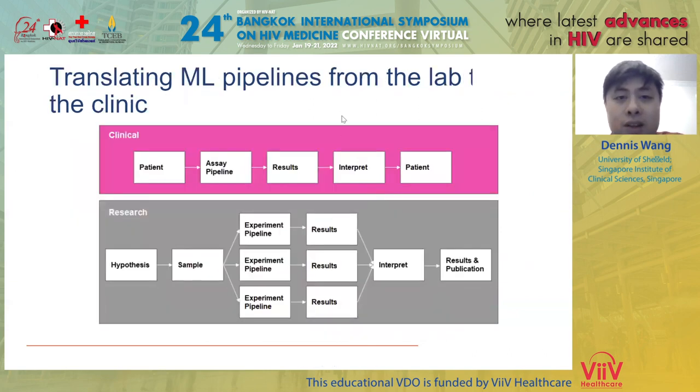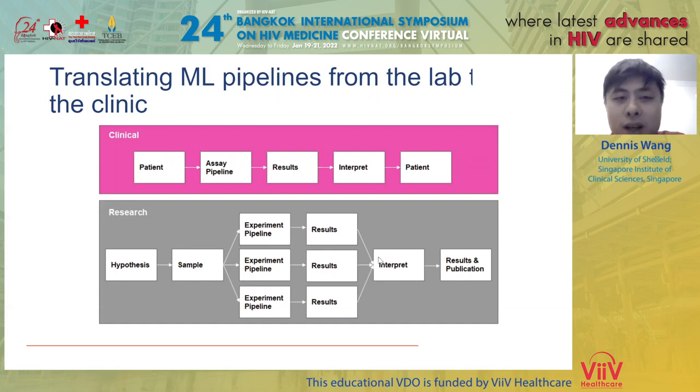Now, one of the challenges of applying machine learning algorithms, especially in the clinical setting, is that we're trying a lot of different approaches. But when you're applying it to patients, you don't want to try a lot of different approaches. You want to standardize a best practice approach, so that you can ensure equitable care to all patients.